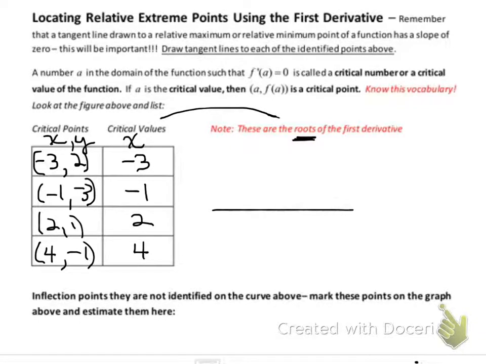So if I wanted to quickly sketch a first derivative, I would take those critical values of -3, -1, let's put 0 there, and then this is going to be 2, and this will be 4, and I can see that I would be able to sketch things. Now, what I know by already looking at the way the slopes have changed is that my slope is negative here.